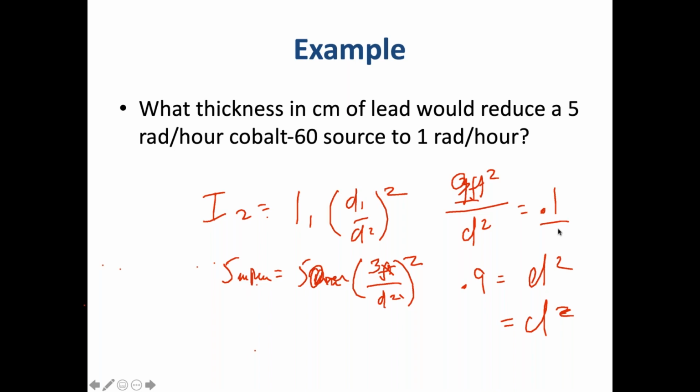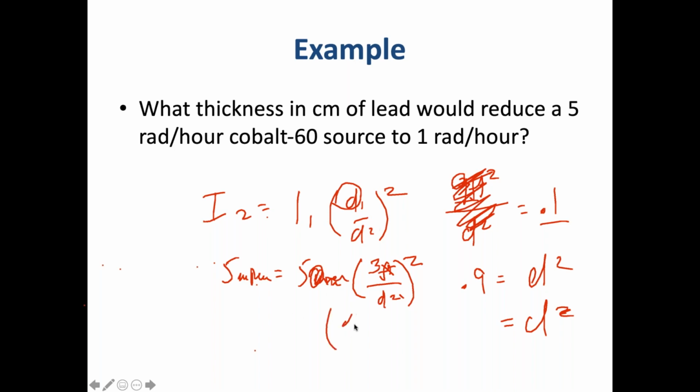Right, Professor, isn't it D1 over D2 squared, not just D1? D1 over D2 squared, so D1 was 3 feet, right? Right. D1 is 3 feet, squared is 9. Oh, I'm sorry. Wait a second. No, yeah, you're right. Yeah, can't do that. Okay.